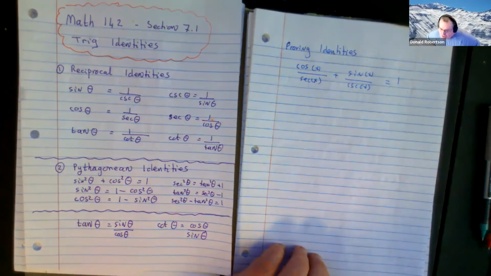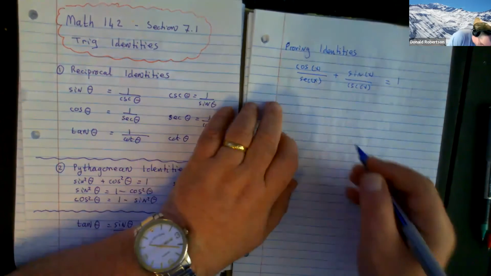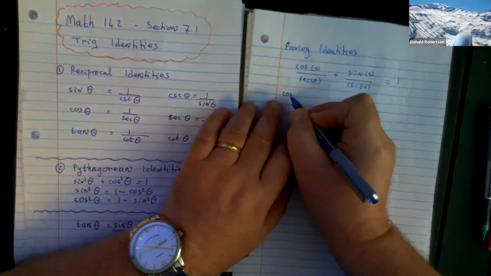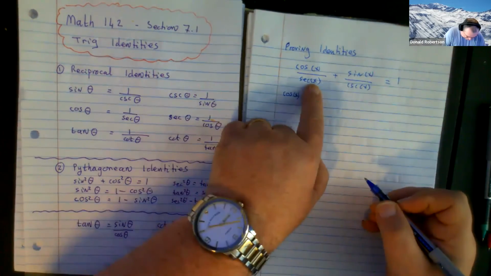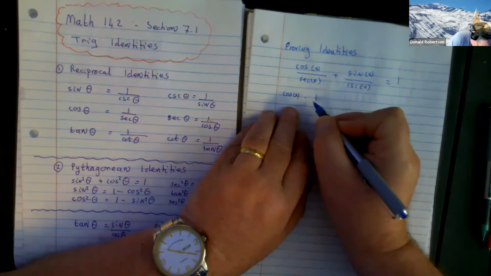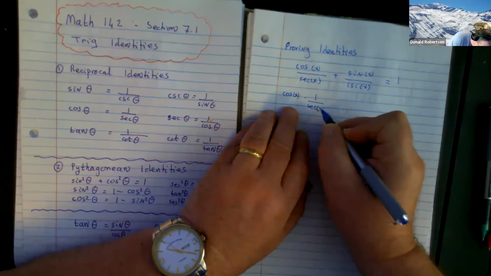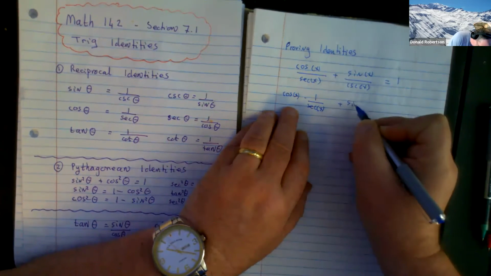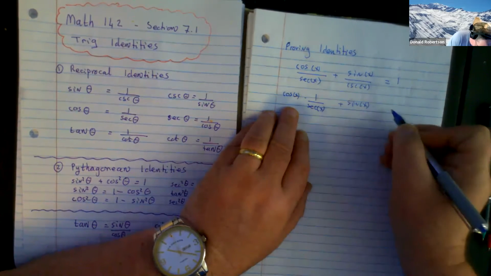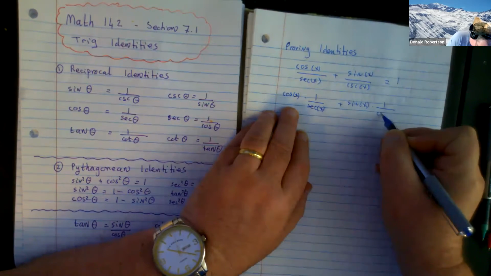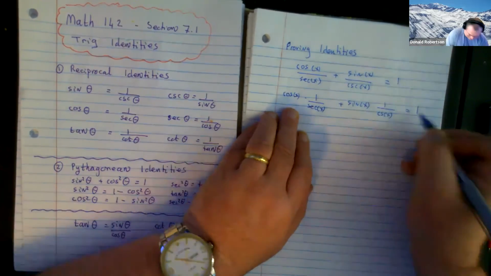This question is not actually too difficult once you realize that this secant can be written like this, and I'm taking this really slowly, and this cosecant can be written like that.